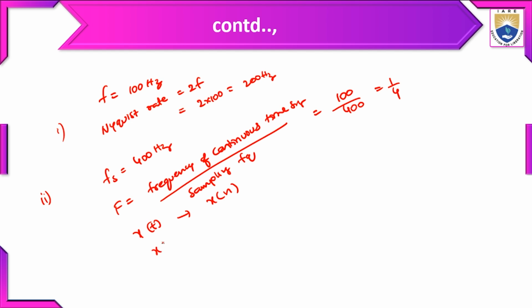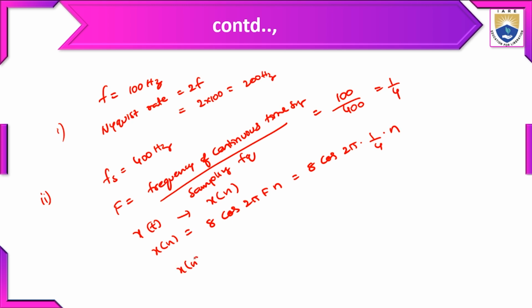So x of n you can write as 8 cos 2 pi f n, that is 8 cos 2 pi into 1 by 4 into n.